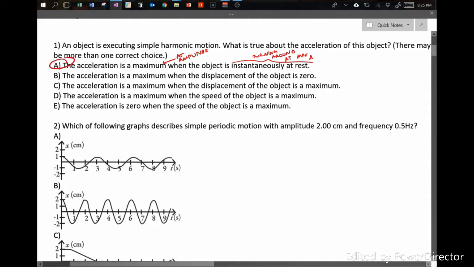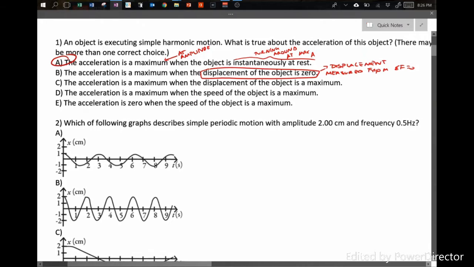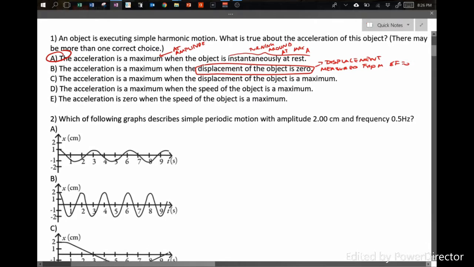The acceleration is maximum when the displacement of the object is 0. This is good to keep in mind. Displacement is always going to be measured from the equilibrium position. So, the acceleration is going to be a minimum when the displacement of the object is 0.